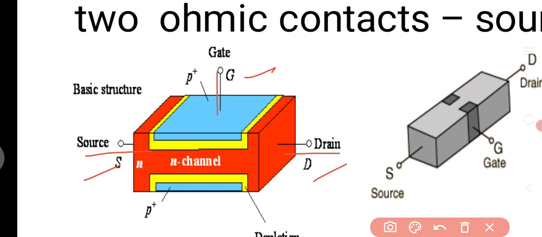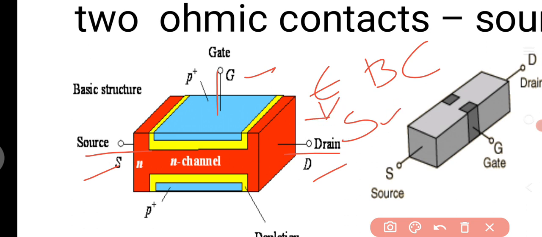In the case of a transistor, there is an emitter, base and collector. In a similar manner, in a BJT this is the emitter, and in a FET, the source. That means the source will allow the majority carriers. Base will be equal to the gate here, and collector will be equal to the drain. These are the three terminals in the case of a FET.